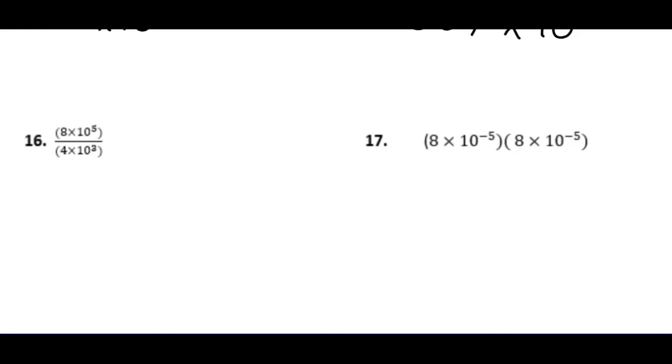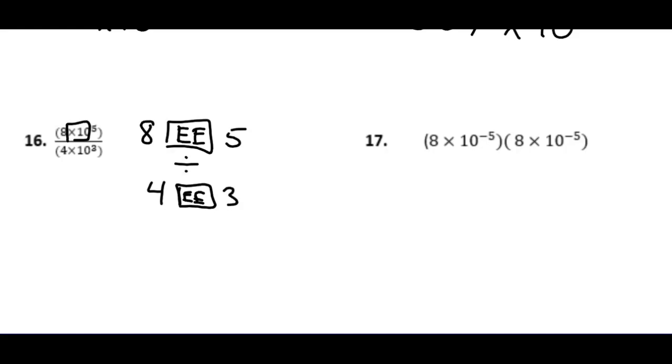E or EE button. So we entered the 8 and then the EE button. That does the times 10, right? And then enter my 5. Divided by 4 EE 3. Okay?